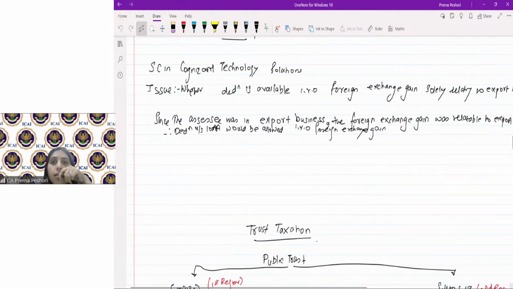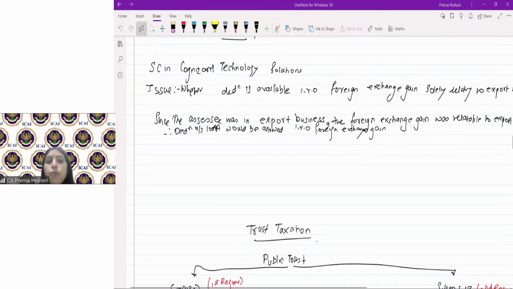Just read that particular case. Are you able to see? No Kaushiki, there was no Wipro judgment. Supreme Court in Cognizant Technology Solution.